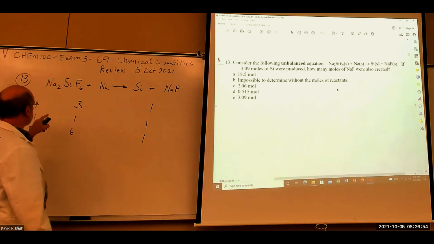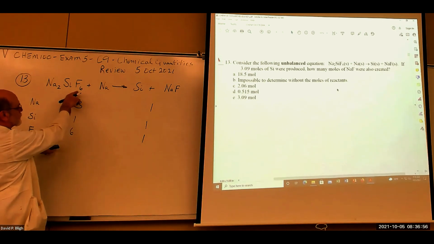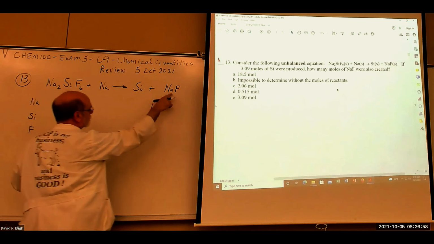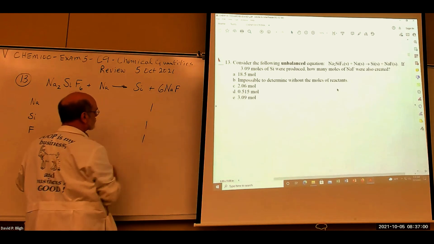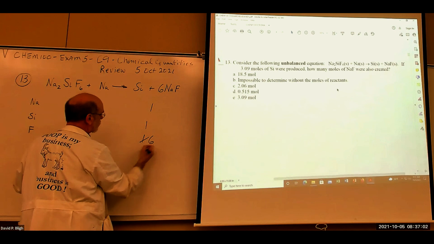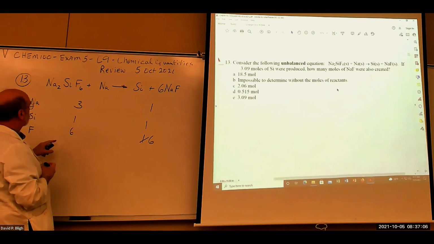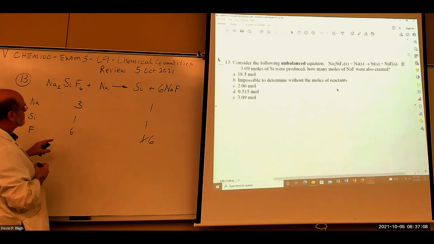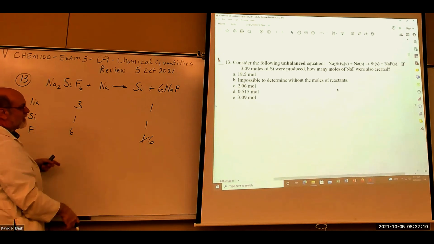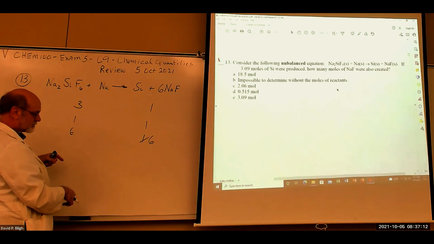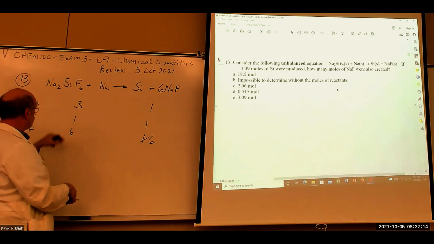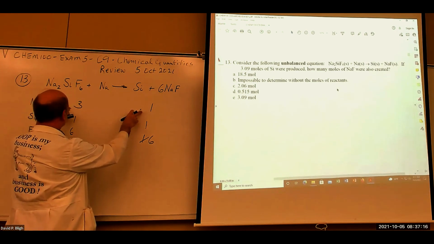But let's look at the fluorines. We need 6 fluorines. Silicon's already balanced, so let's leave it alone and see if we can balance the sodiums.